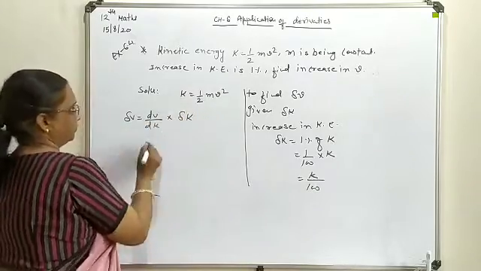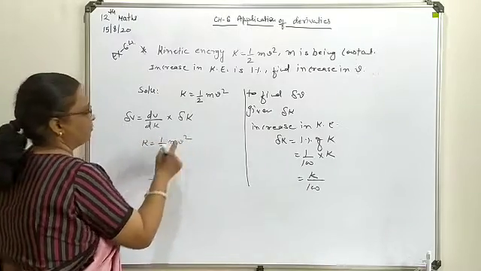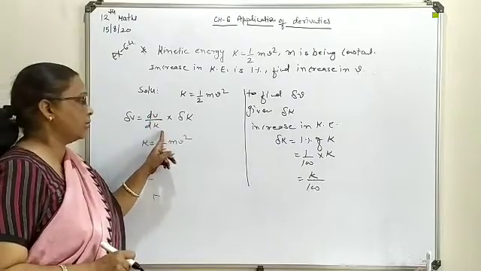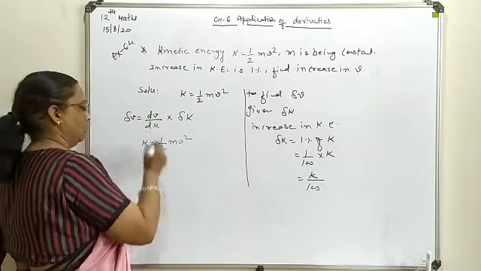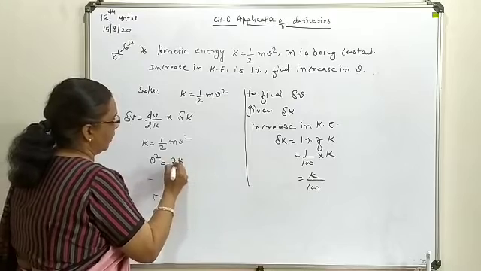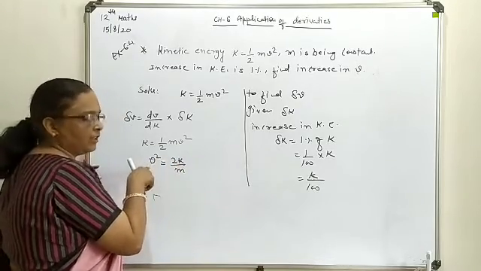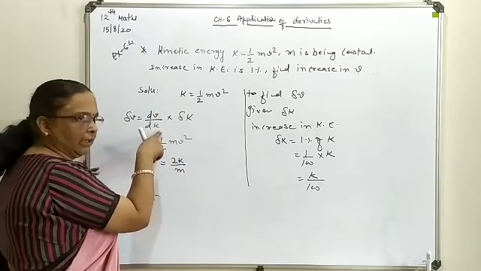From here, K is half mv square. First we separate V, because V is to be differentiated with respect to K. So V square we can make as 2K upon m. Now this is to be differentiated with respect to K, because dV by dK is our required term.